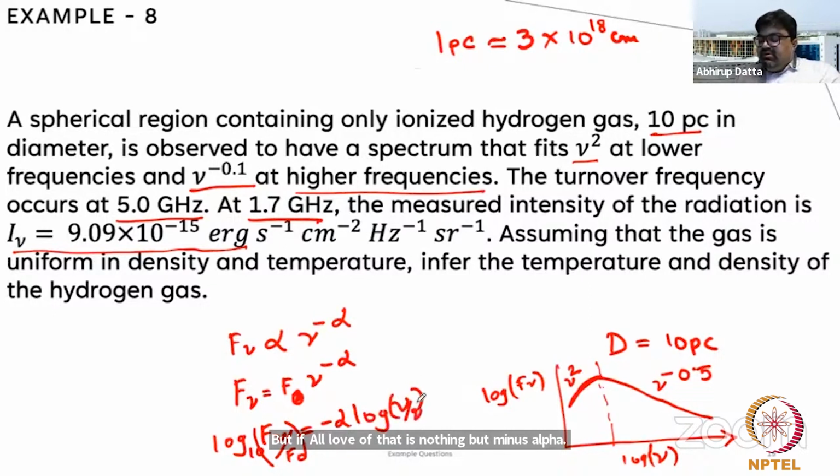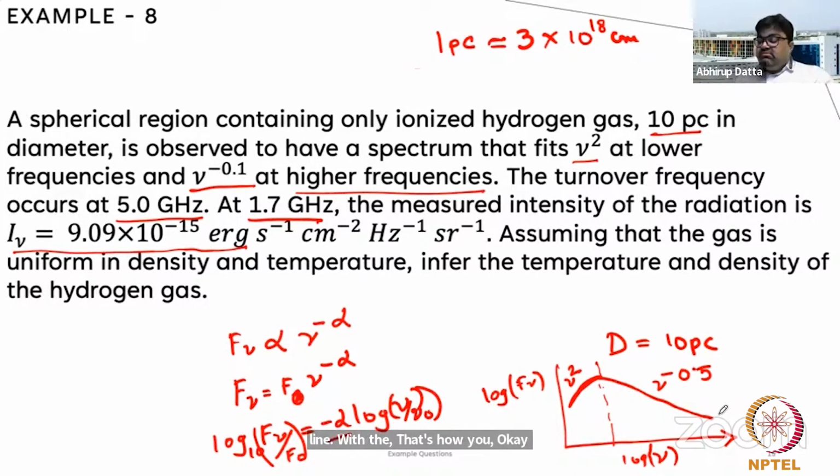So if I plot log of F nu against log of nu, it is basically a straight line with a slope of minus alpha. That's how you draw this kind of plot at the end.